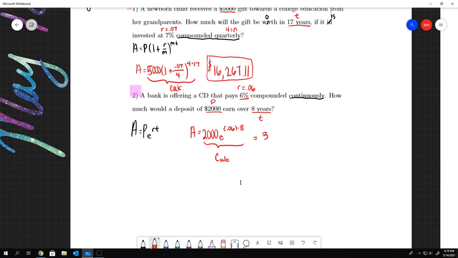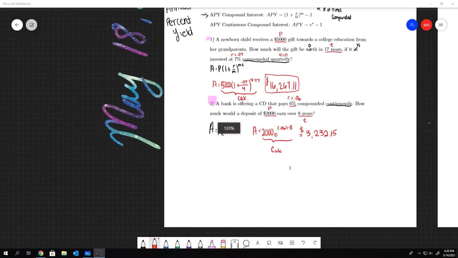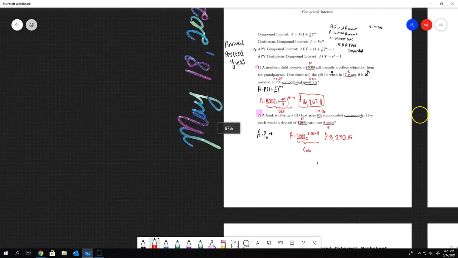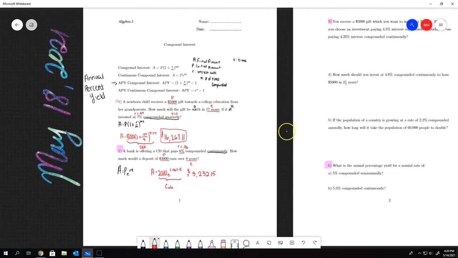And this would be $3,232.15. So once again, make sure to round to the hundredths. So these word problems are not that hard. We kind of made them just like last time, where it tells you your information just by glancing at it.